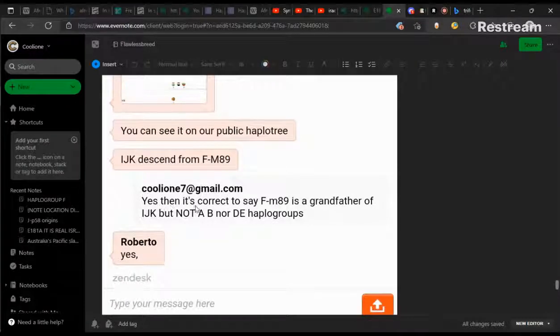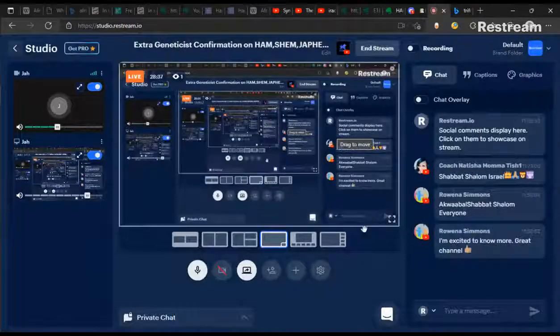Then it's correct to say F-M89 is a grandfather of IJK, but not A and B nor DE haplogroups. Yes. Therefore, everything under F is related, but it does not make lines of A and B or D and E. Therefore, F is not Noah. Therefore, it has to be under Noah. So therefore, he's one line. So Japhetic.